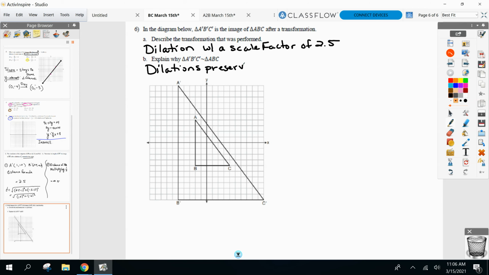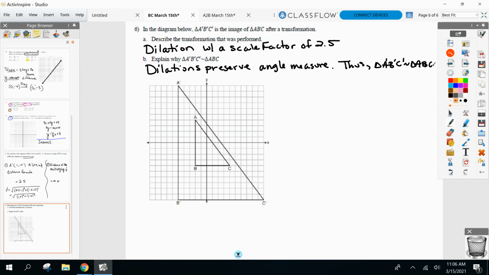Angle measure. Dilations preserve angle measure. Thus, in conclusion, triangle A prime, B prime, C prime is similar to triangle ABC. Because remember, one method was angle, angle, and if angle measure is preserved, the angles are congruent.